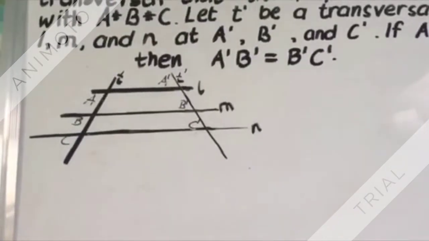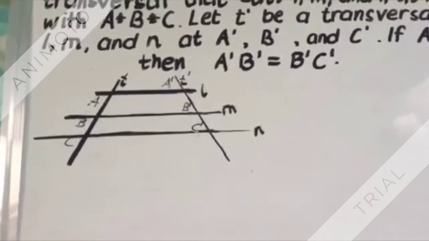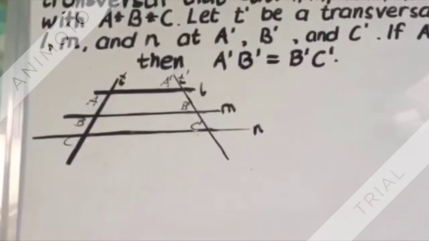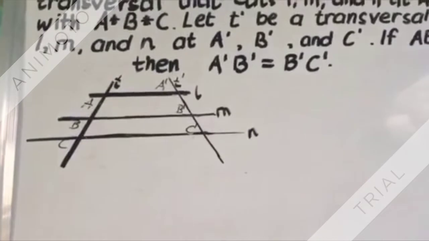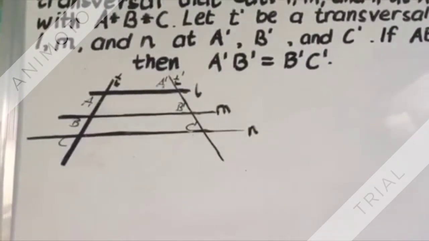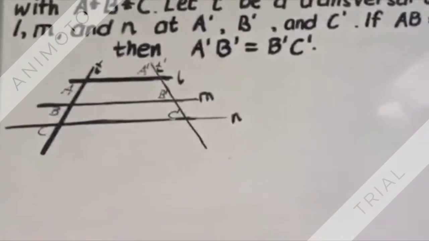Let us recall that we have L parallel to M parallel to N that cuts a transversal T at A, B, and C, and another transversal T prime that cuts L, M, and N at A prime, B prime, C prime.